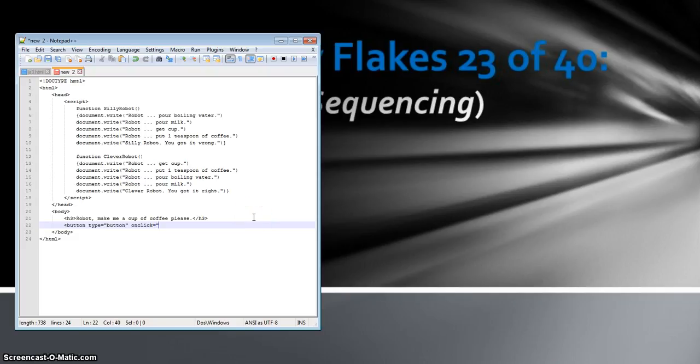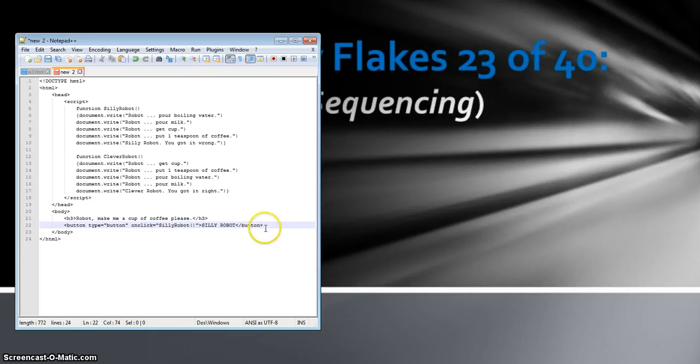If you click this button, it's going to fire up the function called silly robot function in quotations. It's going to call up this function with this button. I need an instruction on the button. I might call this the silly robot button. Okay, silly robot, and it's the end of the button tag.